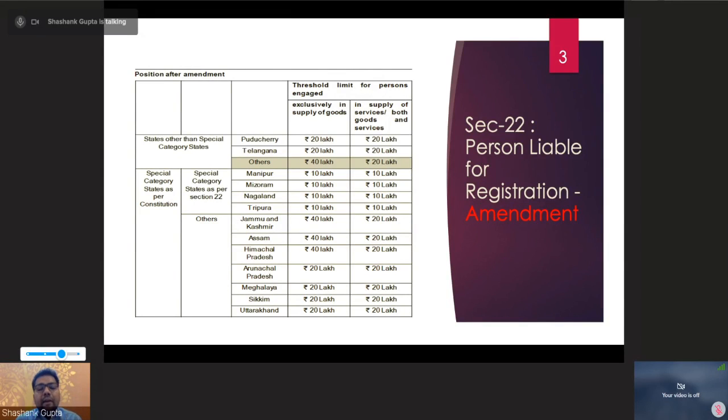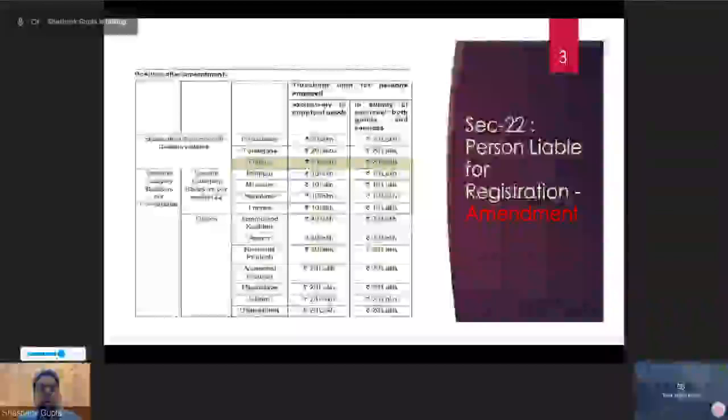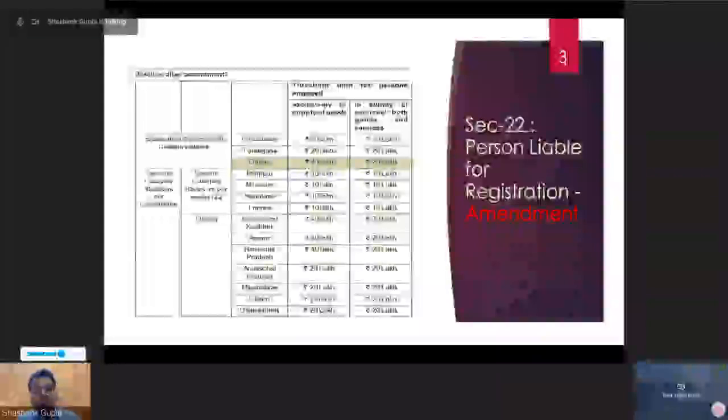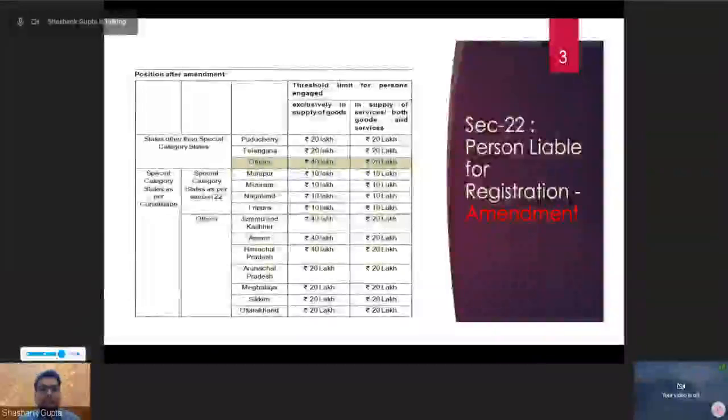So we all discussed and agreed that the lower limit will be applicable in that case, because where an assessee has a location in a normal state as well as in a special category state, the lower limit will be applicable. Similarly, suppose any person is dealing in supply of goods.